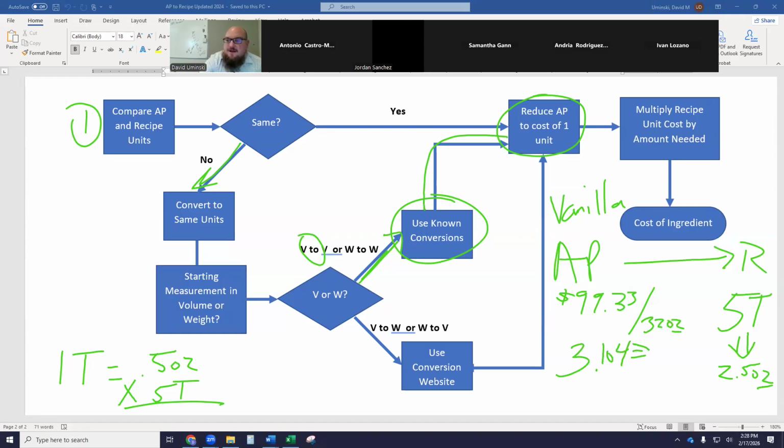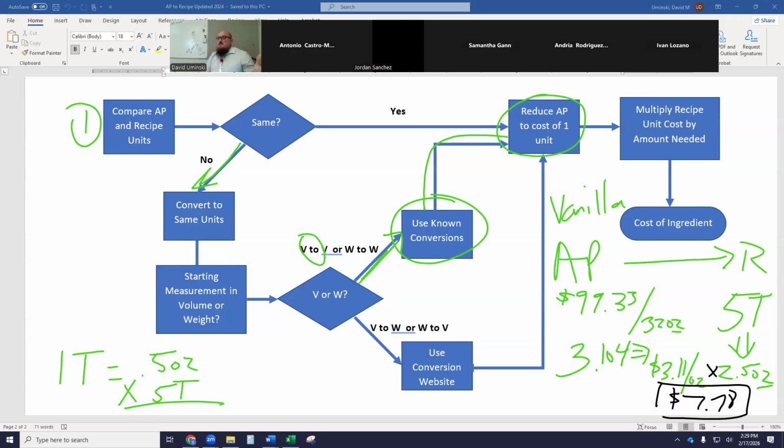So we're going to round that up to $3.11 per ounce. And now we can multiply that times 2.5. We get 7.775, so $7.78. That's how we get to the cost of that vanilla.